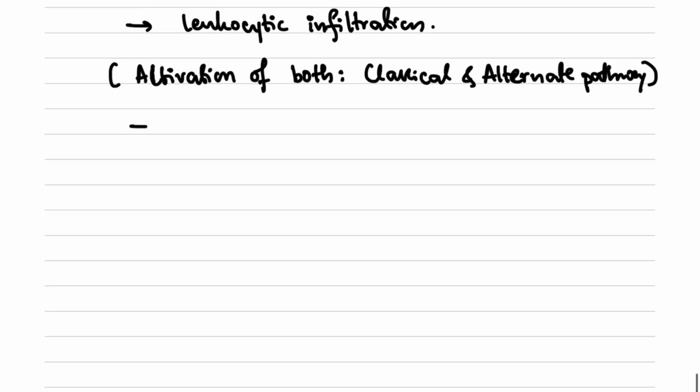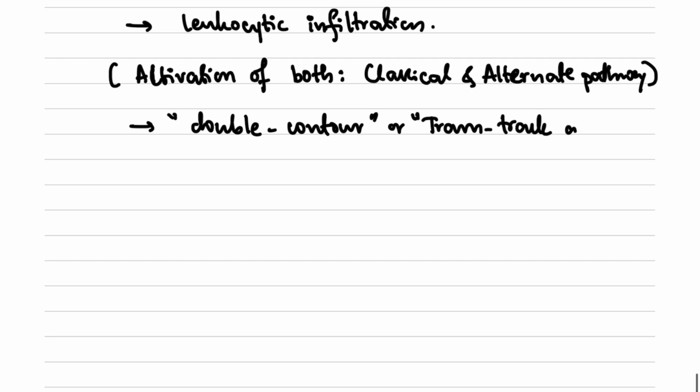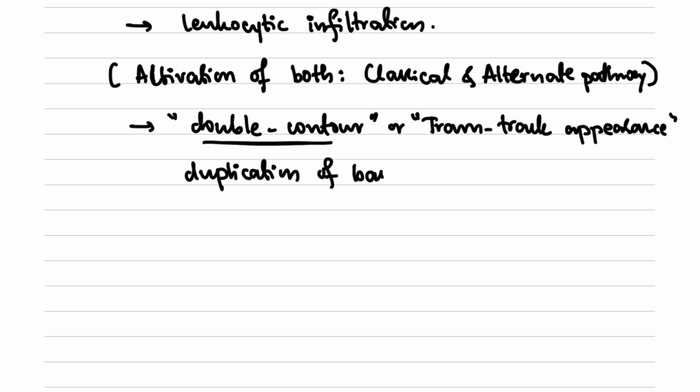Ultimately this leads to a double contour, or we can say tram-track appearance of the basement membrane. This is nothing but duplication of the basement membrane that we'll see on biopsy.